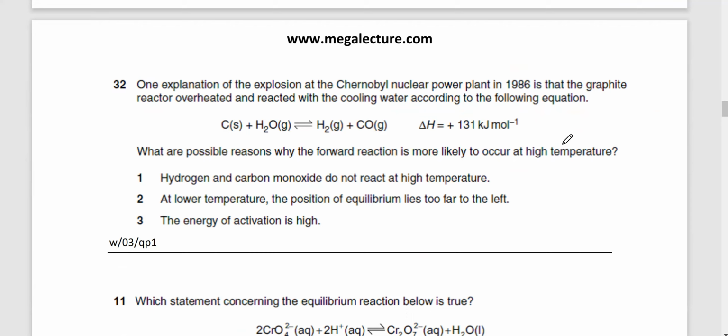That makes sense. And then the energy of activation is high. That could be a possibility. That's why you need a higher temperature. That makes sense.